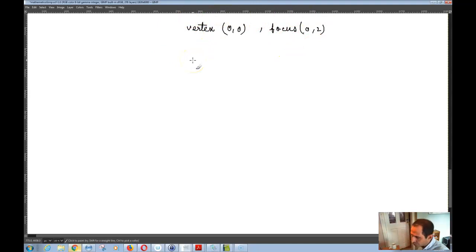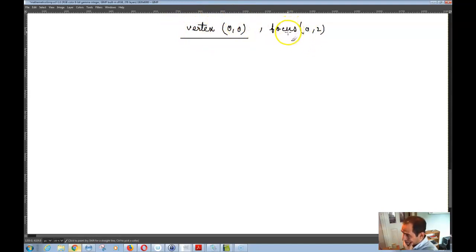All of those 4 equations that we had had the vertex at (0, 0), so that is not really an important fact over here.